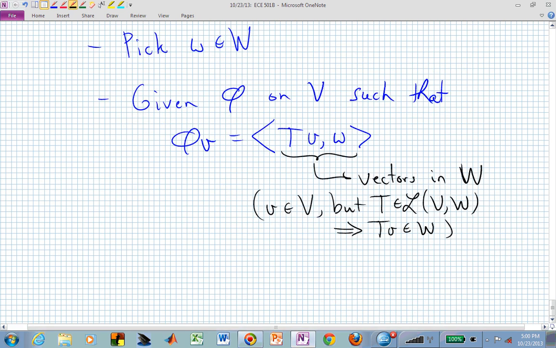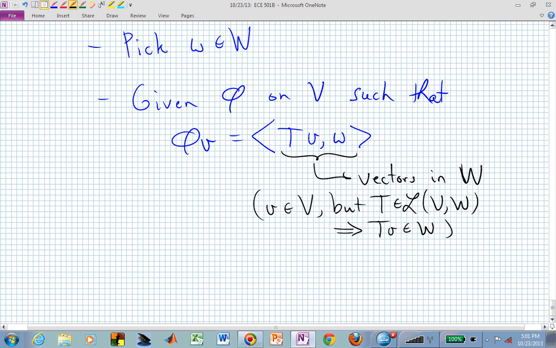So we now have a linear functional operating on V, and that's going to be this inner product of TV with W, and we're trying to use that to create an adjoint operator. What is the TV, W inner product as a result?